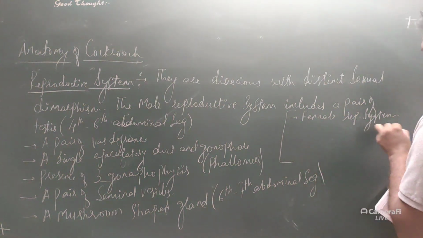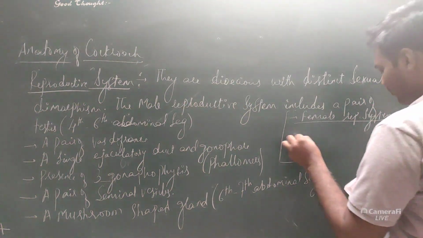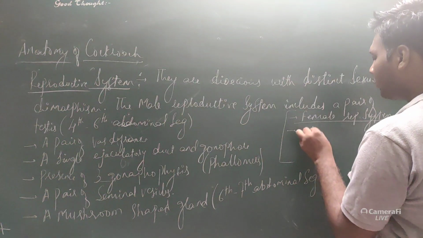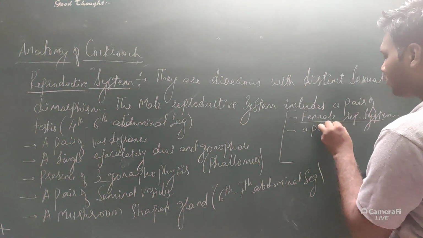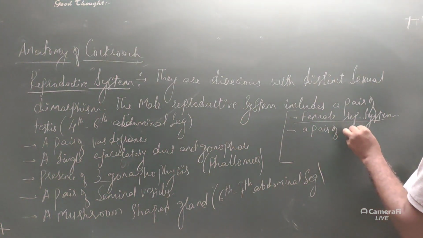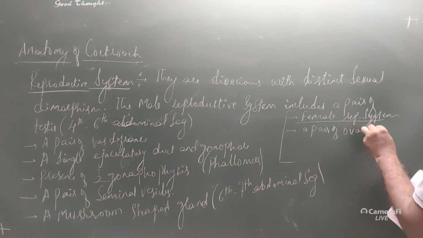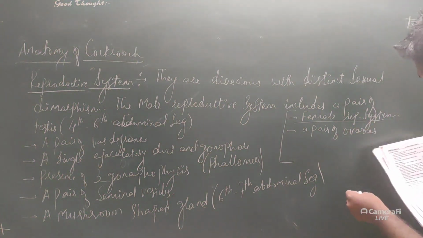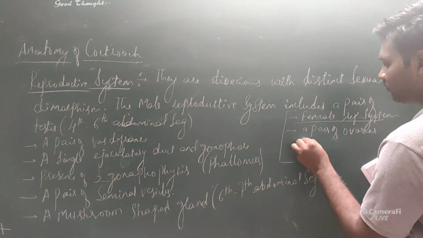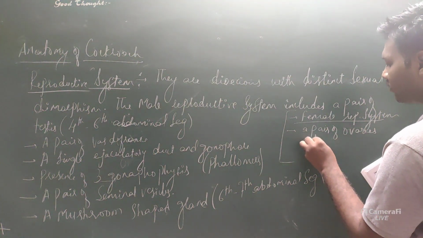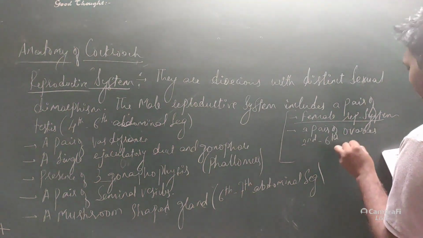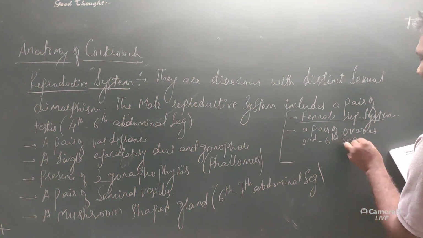The female reproductive system includes a pair of ovaries, from the 2nd to 6th segment, that is the abdominal segment.